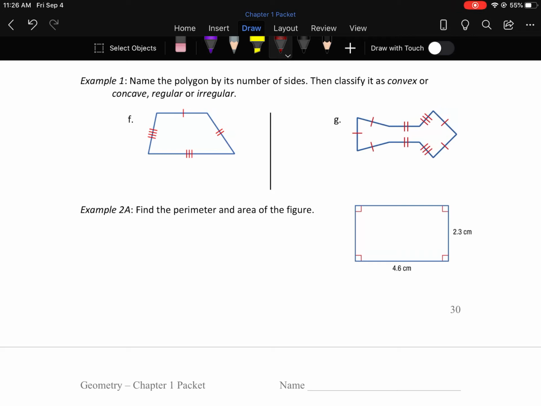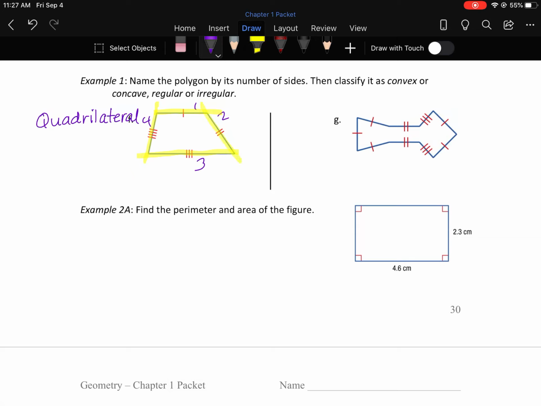All right, so this first one, I'm gonna number them, 1, 2, 3, 4 sides. So anything that has 4 sides is called a quadrilateral. All right, classified as convex or concave. Well, if I extend all the sides, you don't have to extend them forever.